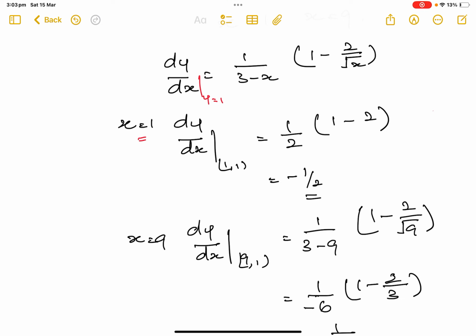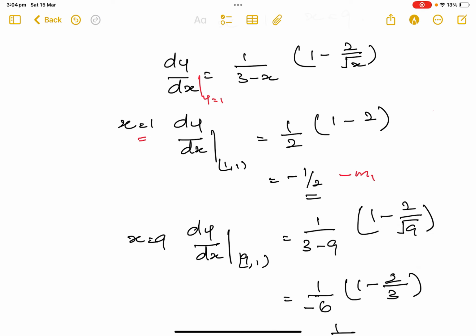So dy over dx at the point (1, 1): 3 minus 1 is 2, so 1 over 2, times 1 minus 2 over root x. Root x, with x being 1, is 1, so 1 minus 2, which gives minus a half.